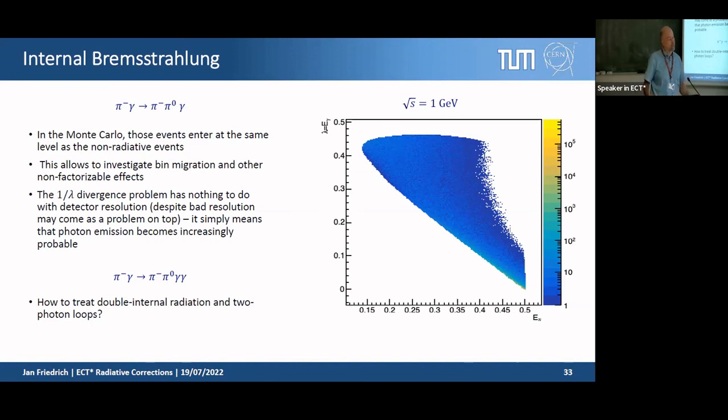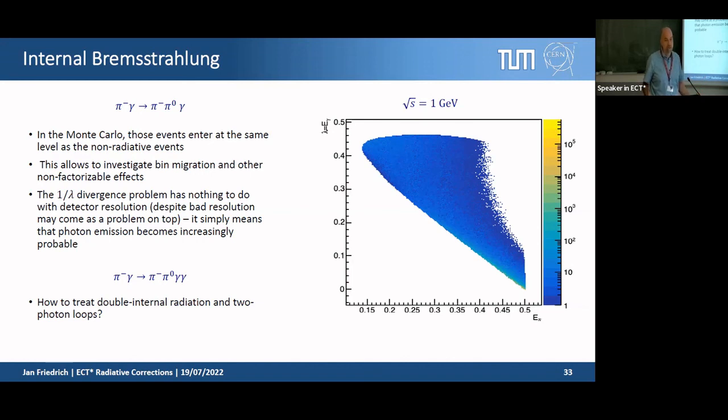an exponential function in terms of how these terms contribute, which is equivalent to say that the emissions of these single photons are independent. But of course, this for any finite photon energy is not a valid statement, right?